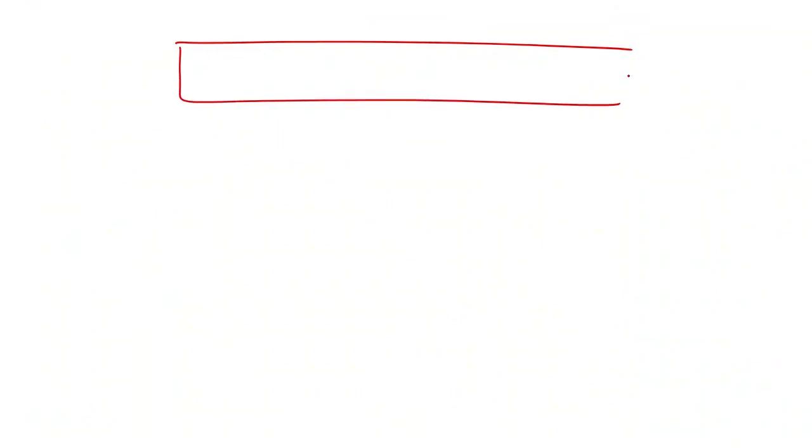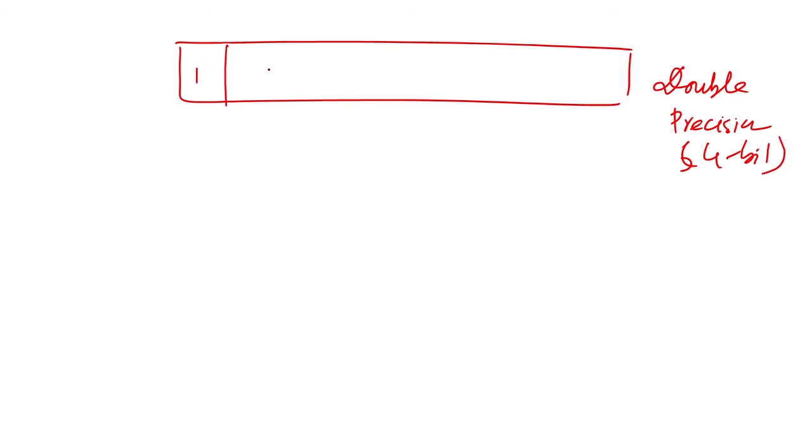I can write it here. This is something called double precision. So, this is 64-bit: 1, 11 and 52, this will be the mantissa, this will be the exponent, and obviously this will be the sign bit.